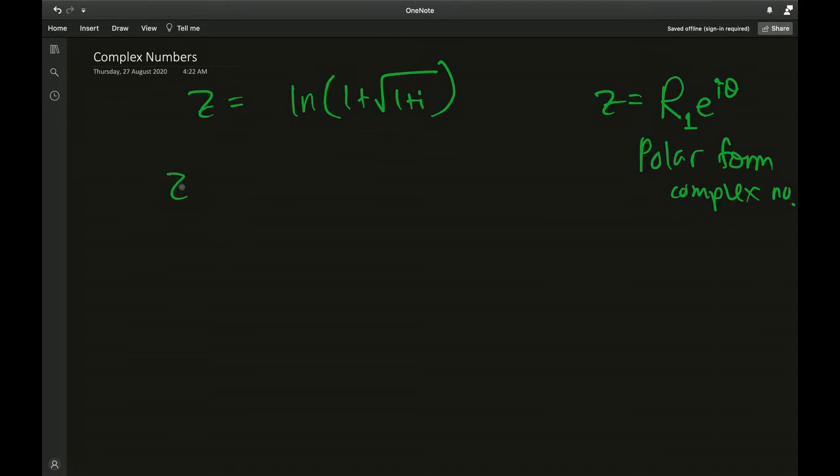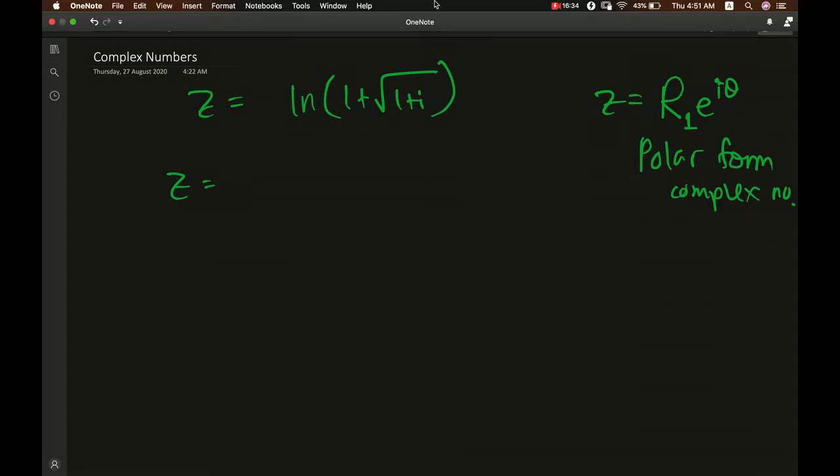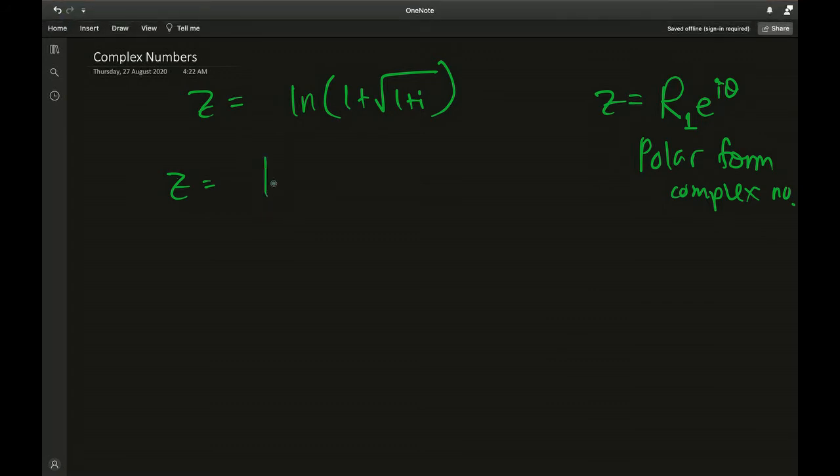So then let's call whatever is inside the natural log z naught. So z naught is again a complex number and it can be expressed as r1 e to the i theta.